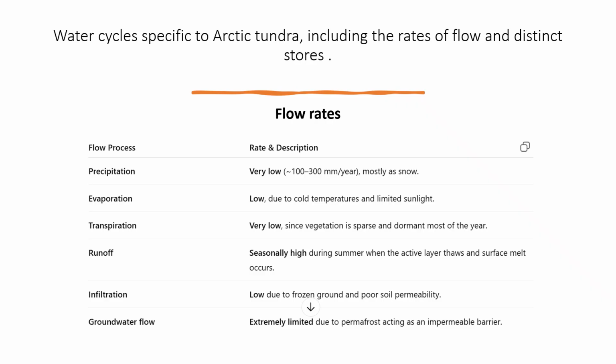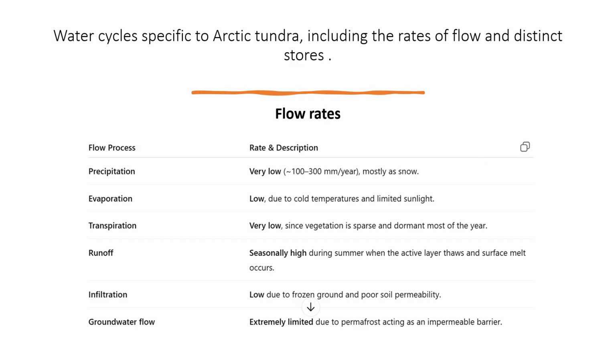So we've got low levels of precipitation, and what does fall out of the sky will tend to be in the form of snow rather than rain. We do have plants, but their growth is very seasonal, very much in the summer 3 months. So transpiration levels are low, so low process rates there.